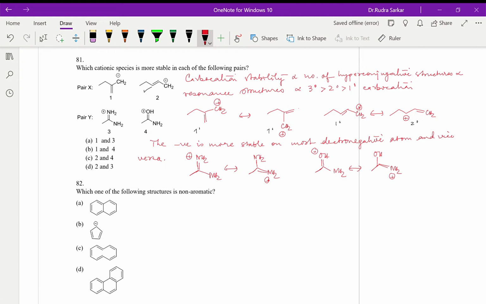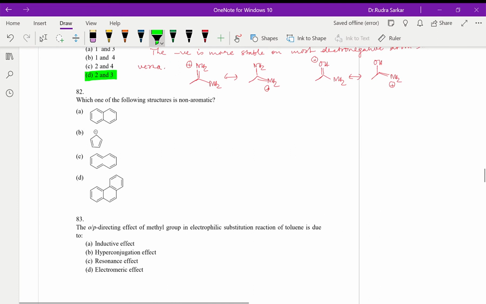So these two are equivalent structures leading to more stability, whereas this and this are non-equivalent structures leading to less stability. So here we will see number 3 is more stable. So that way, we will say 2, 3 is the correct option over here.